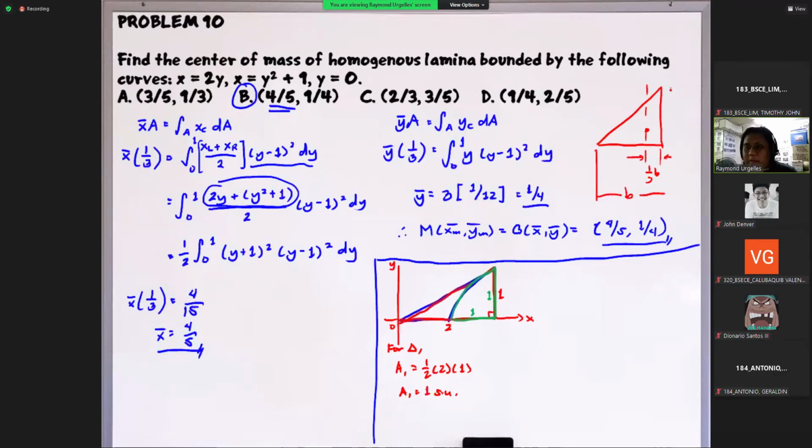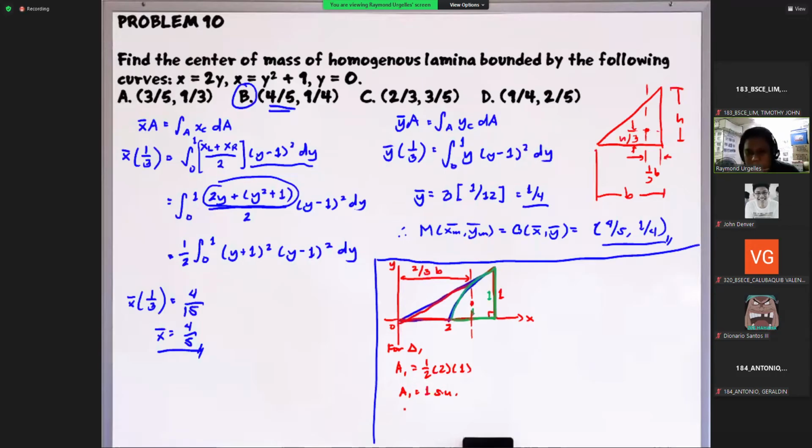Meaning, from the vertex here, it is 2/3 of the base.